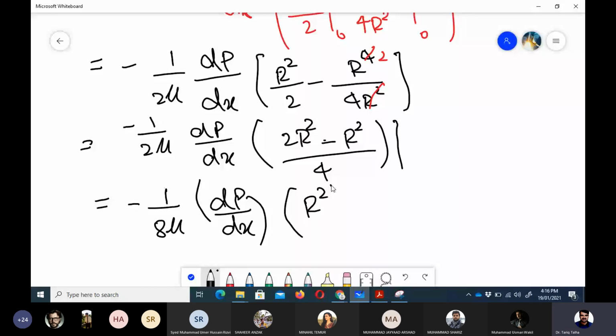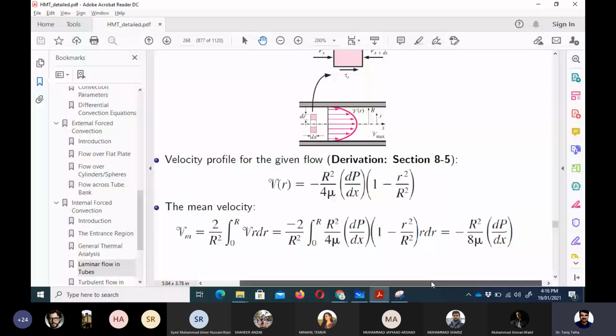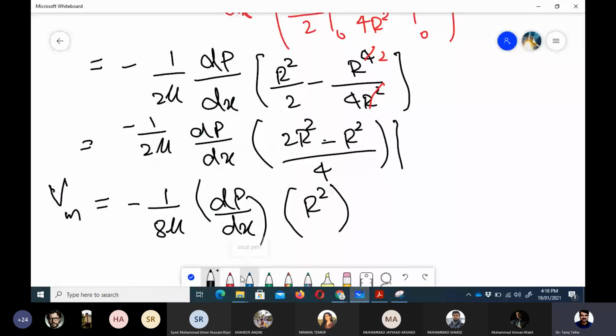So that is the value of Vf. So let's see whether it is the same value or not. I think we have been able to get minus r square upon 8 mu dp by dx. So it is the same thing. So it means that we can do it.